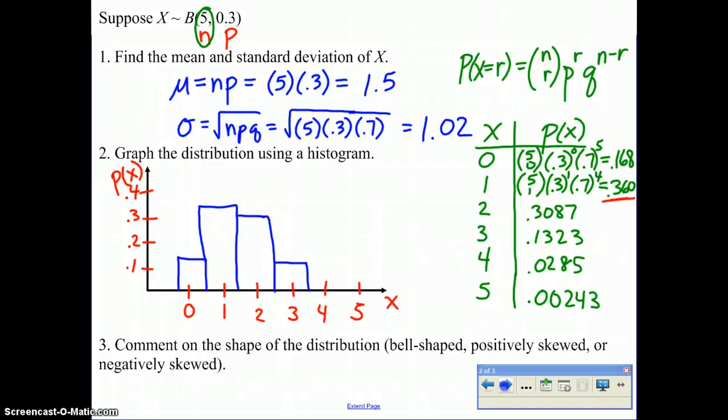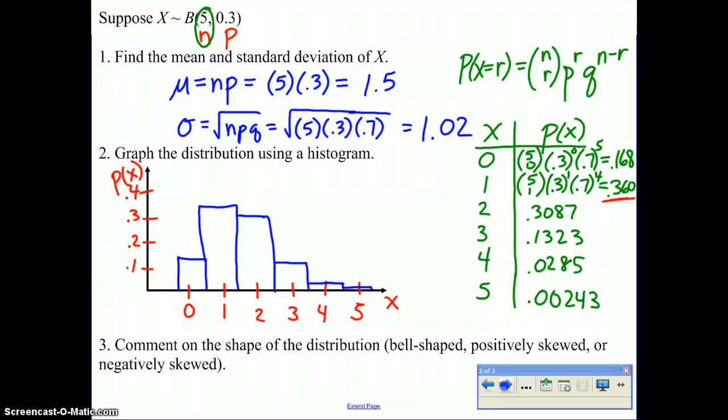Four successes is 0.0285. We're getting pretty low. And 5 is 0.00243. Almost impossible in my situation to draw accurately. All right, and there's our binomial distribution graphed using histogram.